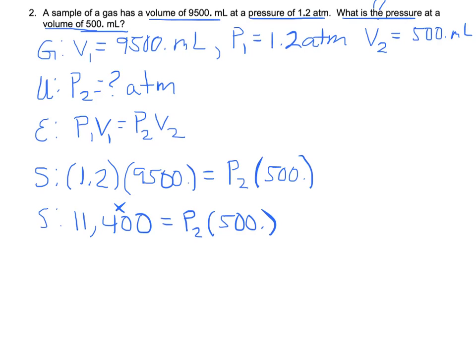Okay, so now at this point, to solve this, we've got pressure times volume here. So to solve for our final pressure, the opposite operation, if these two are multiplied together, is to divide. So we need to divide both sides by 500. So that cancels out the 500 on the right, and then 11,400 divided by 500 gives us 22.8.